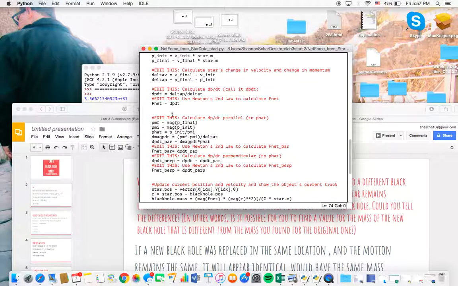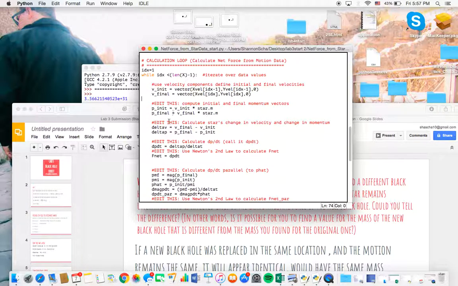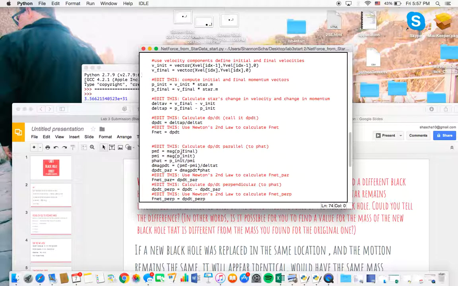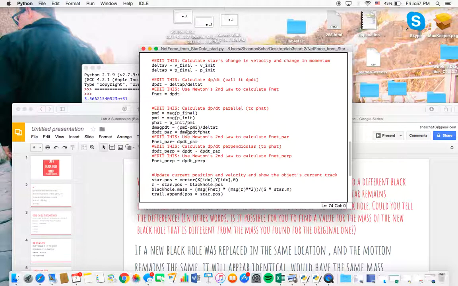With this while loop, at the end we calculate the net force, which is equal to dp/dt. The parallel component of dp/dt is calculated by taking the magnitude of dp/dt and multiplying it by p hat, which we can see over here.